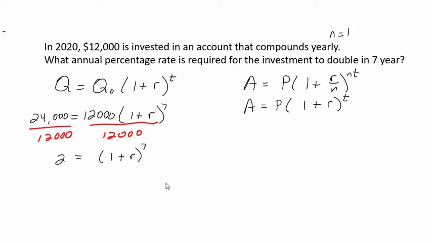Depending on your calculator, that's going to determine which one of these you want to do. So we're either going to take both sides to the 1/7 power. That will get rid of the 7th power. Or you can do the 7th root on both sides.